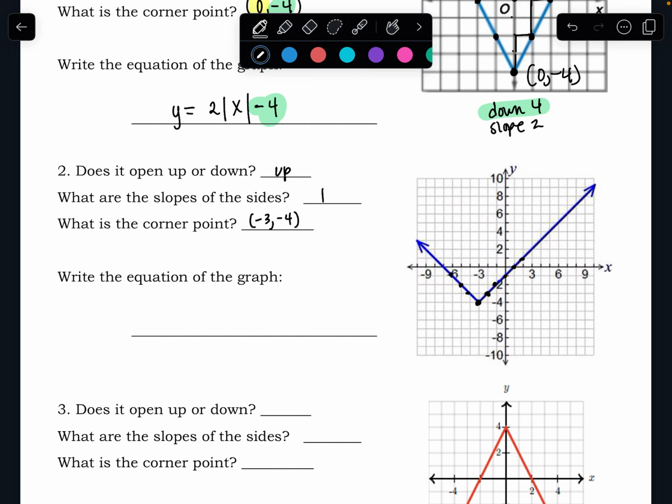And so when we're writing the equation, we don't have to write a number in front of the bars. If the slope is just 1, we can just leave that 1 invisible. And so to get the x-coordinate of negative 3, we're going to have a plus 3 inside with x. Remember, it's always opposite. And then we're going to have a minus 4 outside the bars for our y-coordinate.